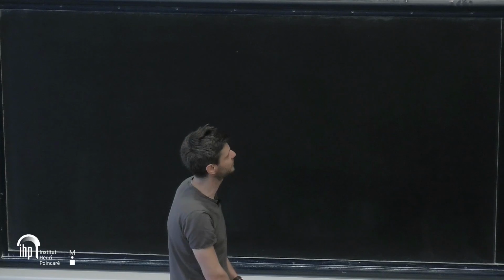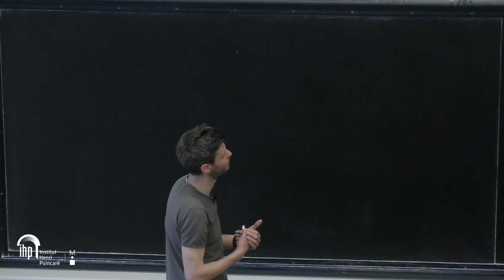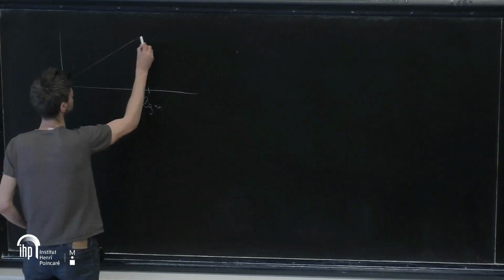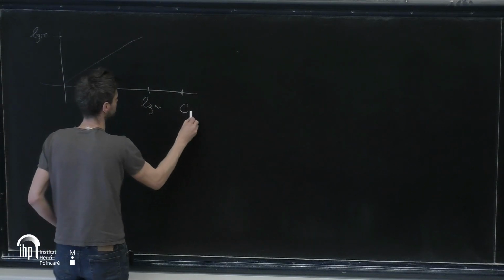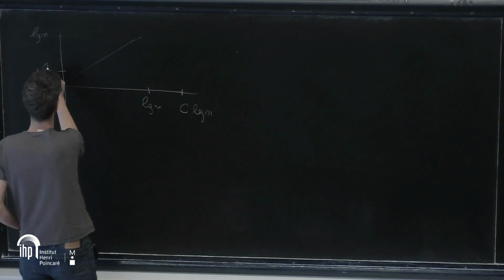Somehow the behavior of this covariance can be pretty intricate. If you go up to log n, it's roughly like s. Somehow at c log n, I know it's like a constant.